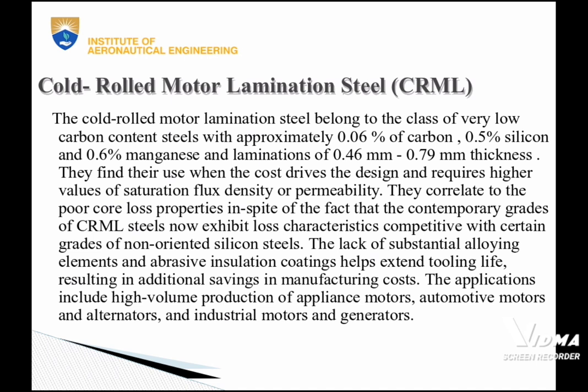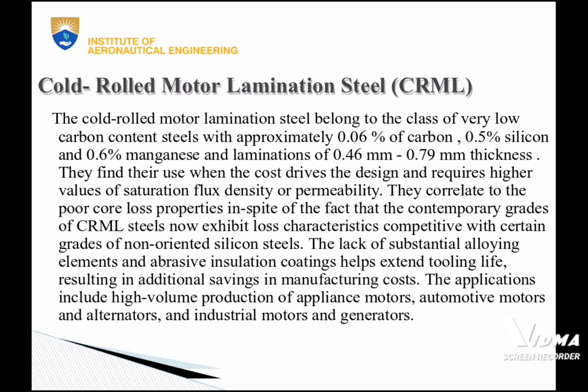The core loss properties are poorer, in spite of the fact that the contemporary grades of CRML steel now exhibit loss characteristics competitive with certain grades of non-oriented silicon steel.